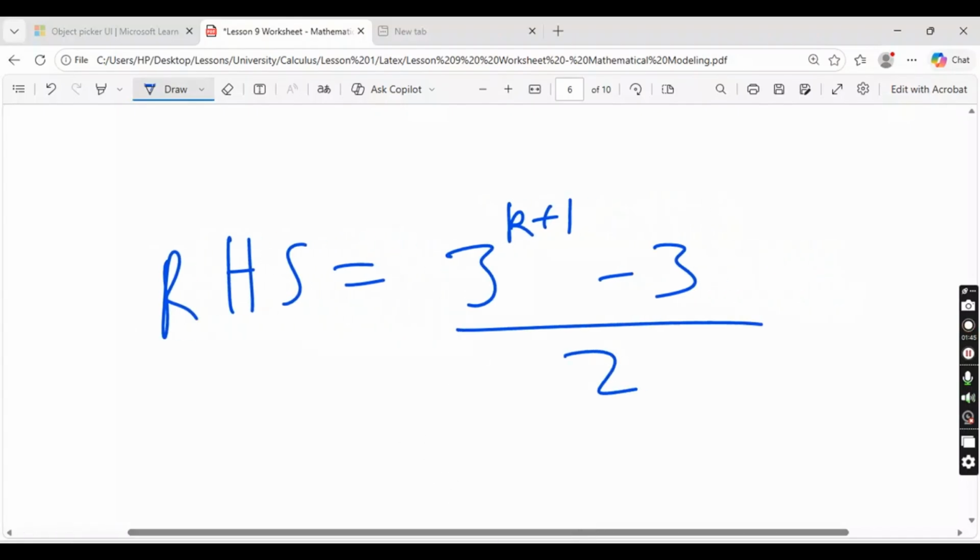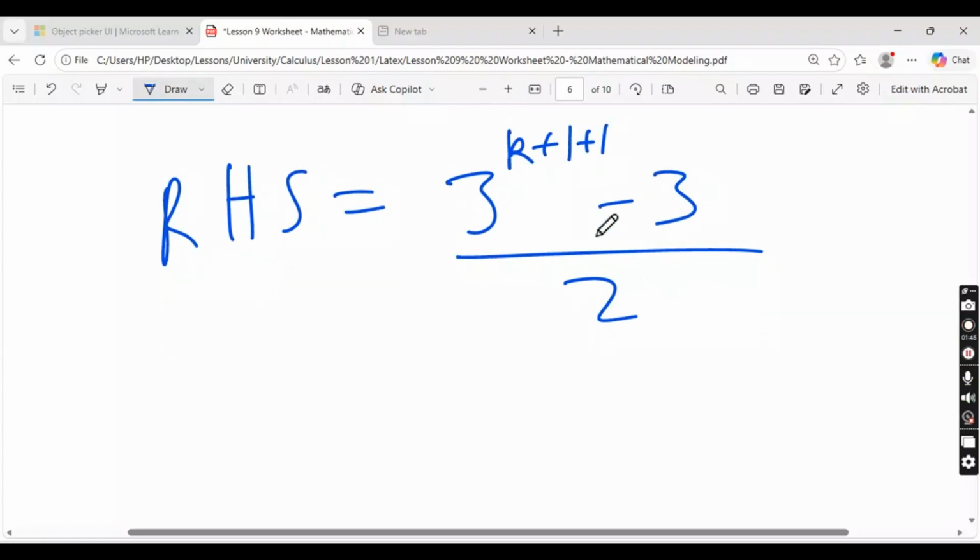No, there's something missing. Oh, k plus 1 plus 1. So this will be in brackets. Okay, so it will simplify to become 3 to the power of k plus 2 minus 3, all over 2.